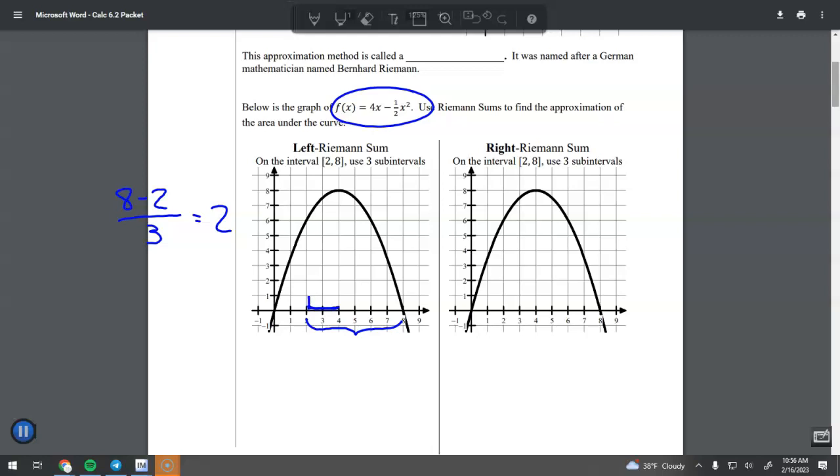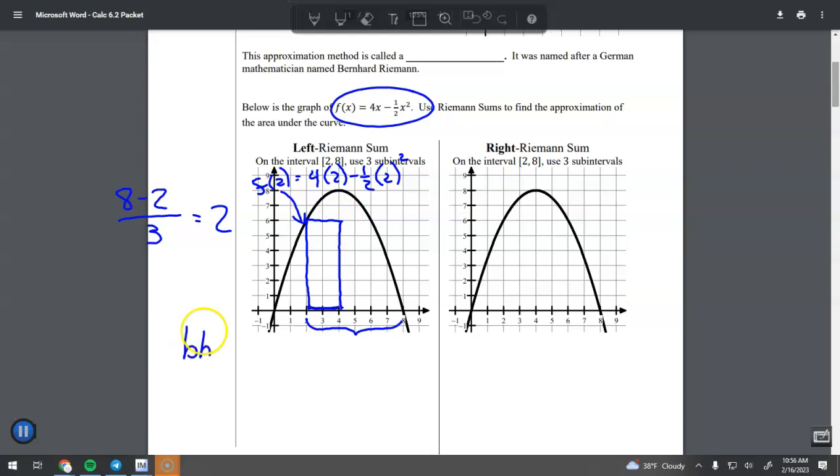So then the height is going to be whatever f of 2 is, which just means plug 2 in here. So it'll be 4 times 2 minus 1/2 times 2 squared. And that is the height that we pretend is the height for that entire interval.